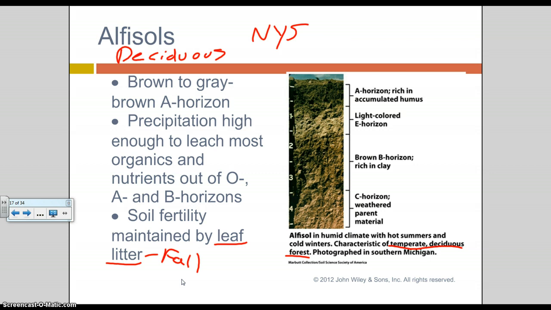So an alphasol is associated with a deciduous forest like that we have in New York State.